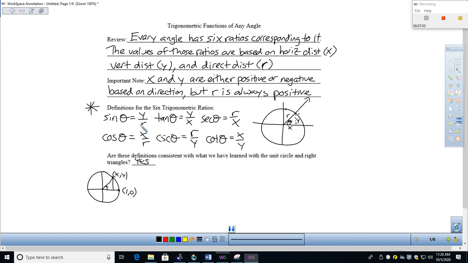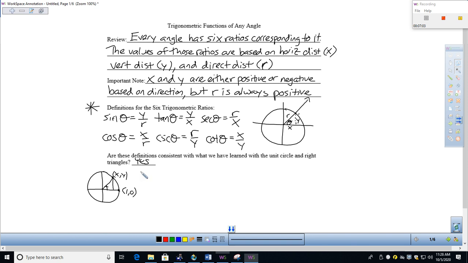If you remember on the unit circle, the cosine of t was x. Well, why does that work here when we expand? Because in this case, cosine of theta is x over r. Well, on the unit circle, the radius is 1. That's why on the unit circle it was just equivalent to the x value.